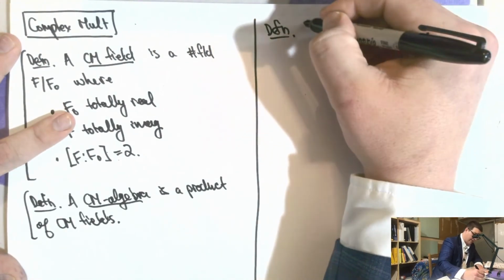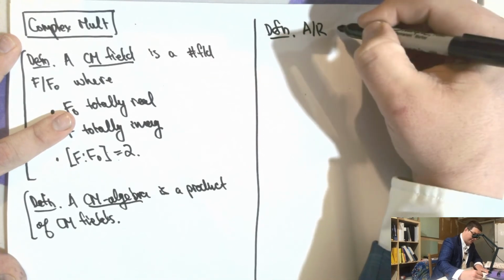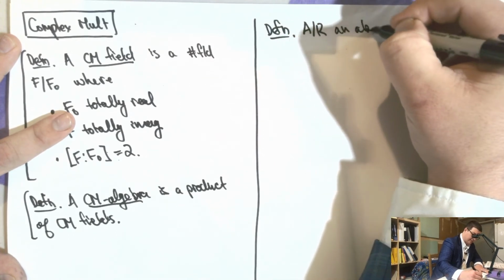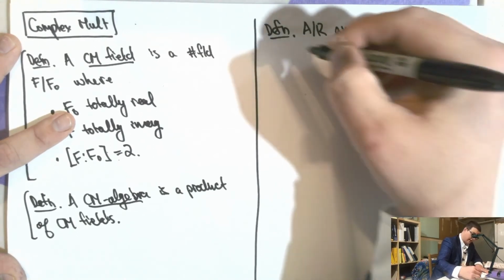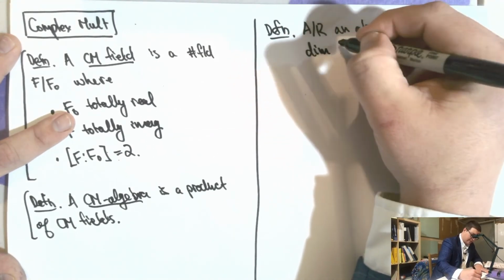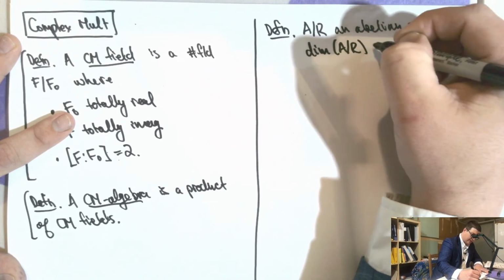So let A over R be an abelian scheme, and let's say the relative dimension is g.